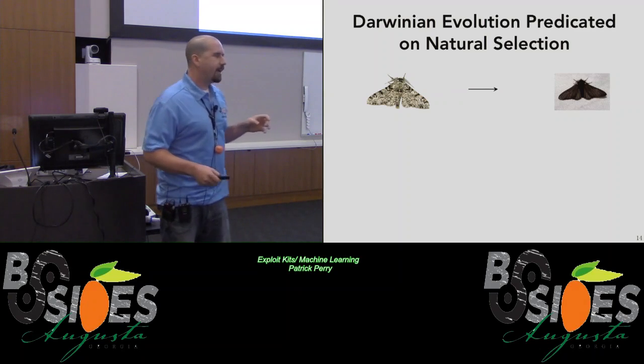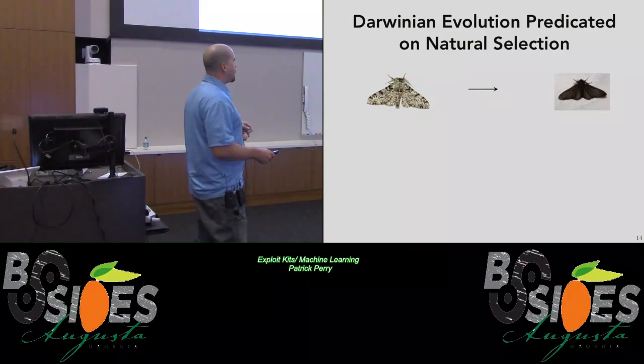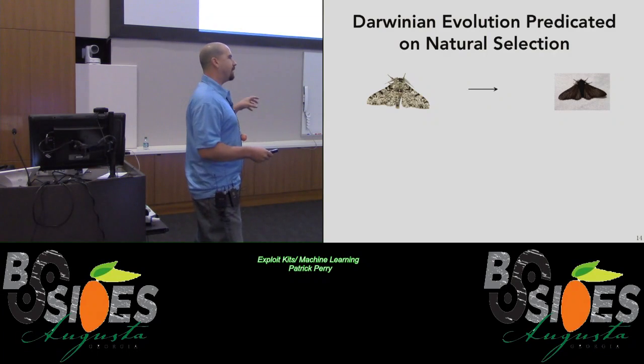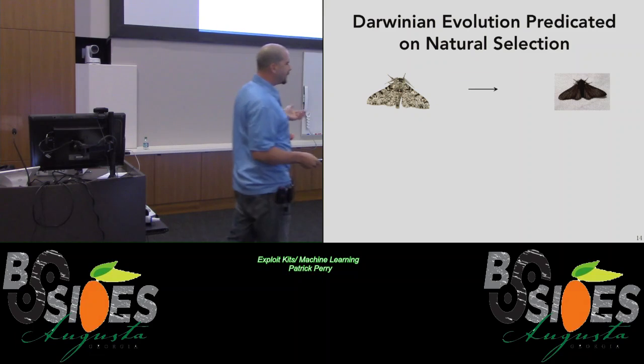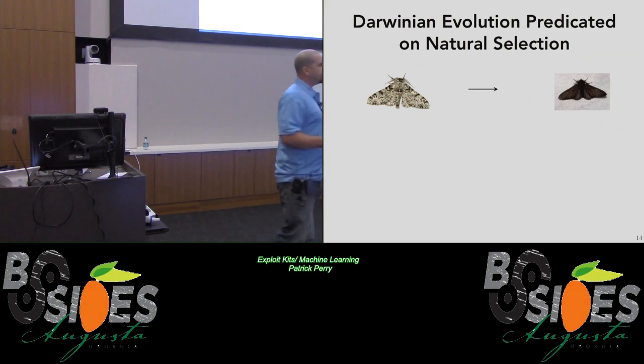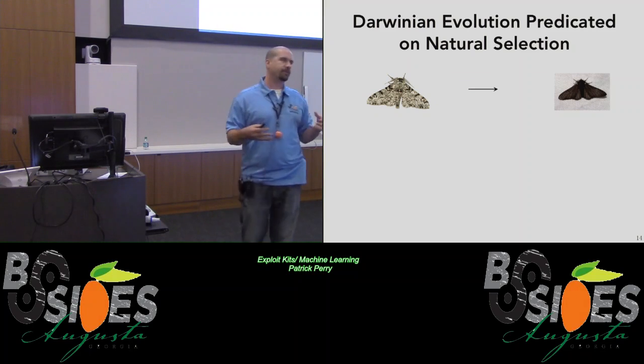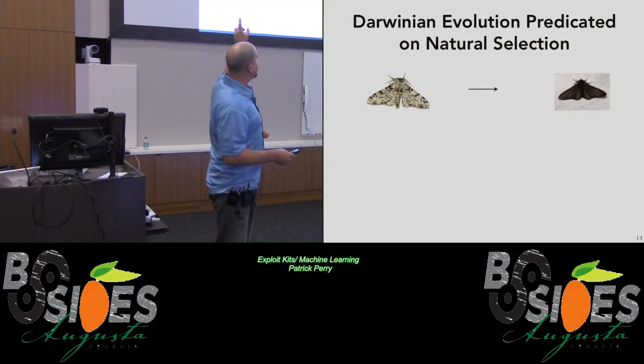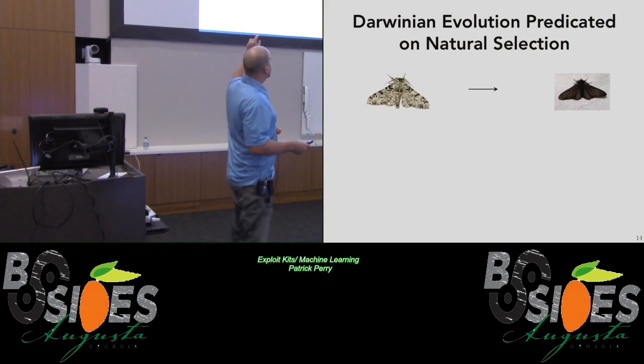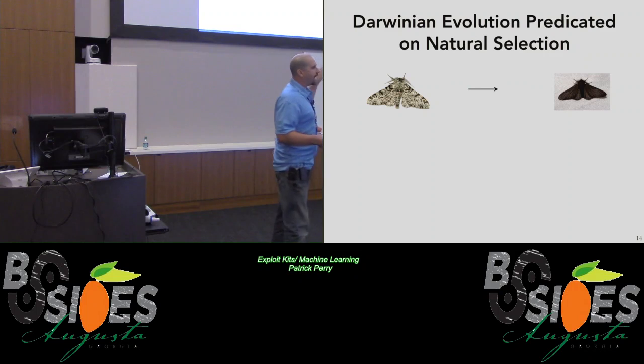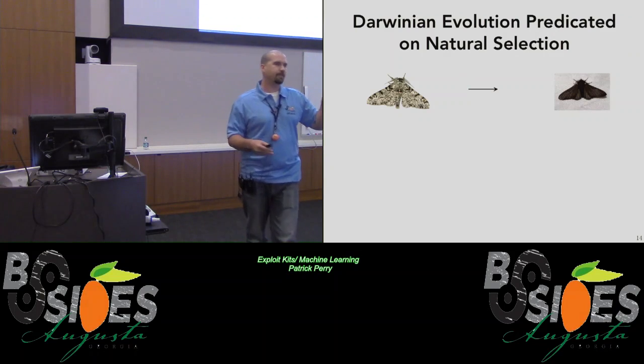That was fine before the Industrial Revolution because it would land on trees and that camouflage would protect it. During the Industrial Revolution, there was so much pollution that the trees were covered with soot and ash, so the peppered moth would stand out, and they would get picked off by predators much more easily.